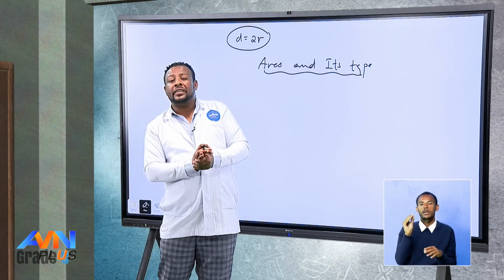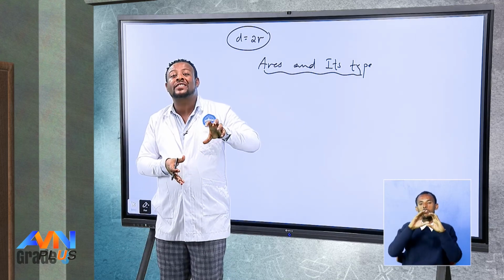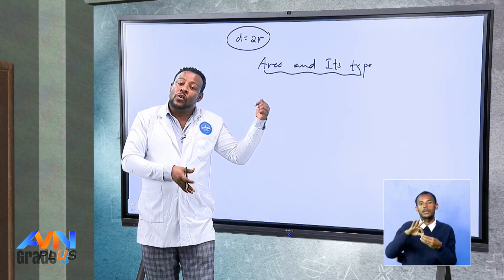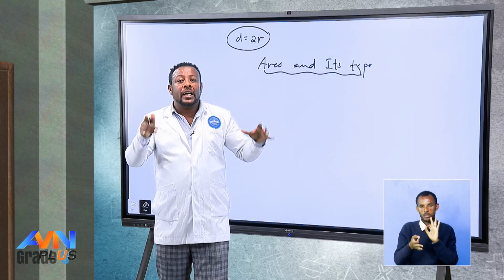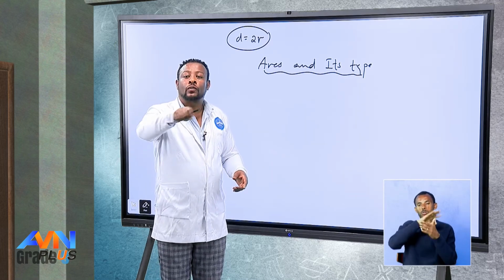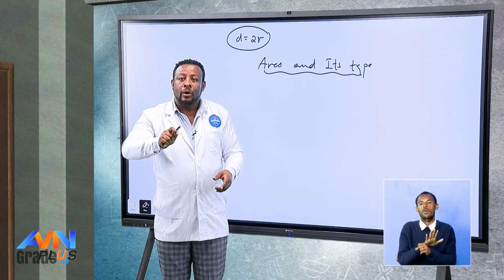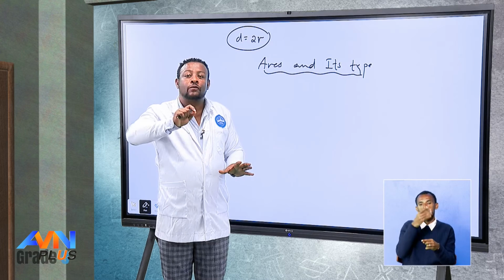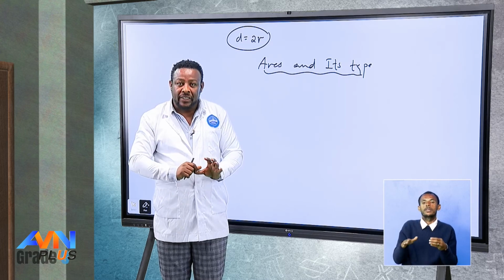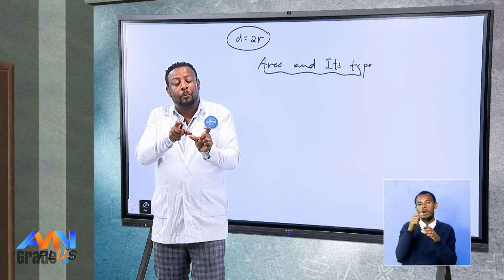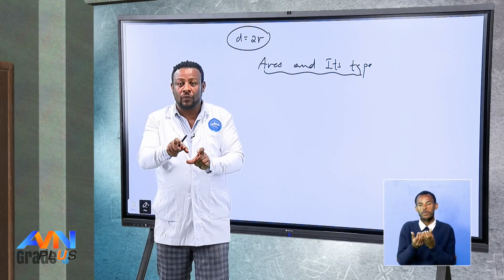An arc is a portion of the circumference of a circle. In our former definition, we have seen that the circumference of a circle is the total length of a full circle. So when we come to arcs, an arc is a portion of the circumference of a circle.